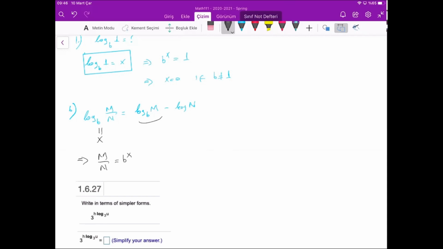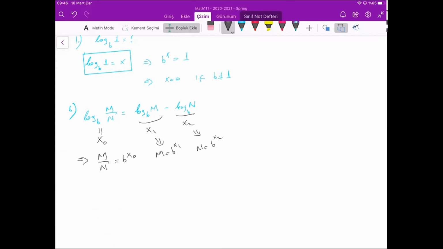Let's say this is x0, this is x1, this is x2. So m over n equals b to power x0, m equals b to power x1, and n equals b to power x2.